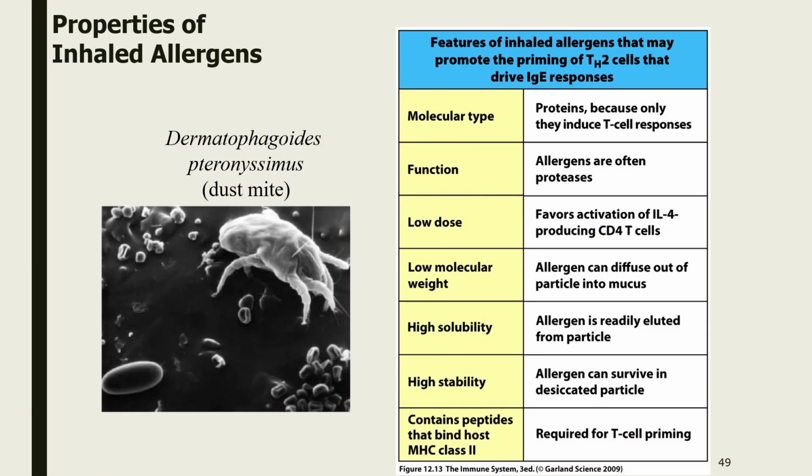So, we first look at some of the inhaled allergens here. Now, this table shows the properties of most antigens that can elicit a type 1 hypersensitivity. They are usually small. Inhaled things are usually small, otherwise you won't be able to inhale, right? It must be floating through the air.